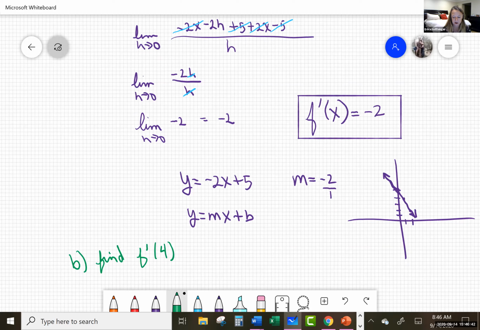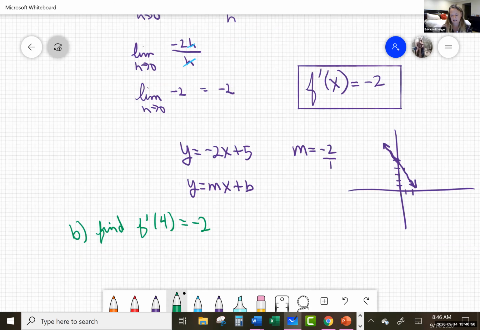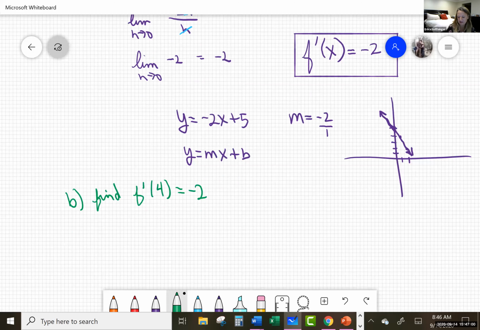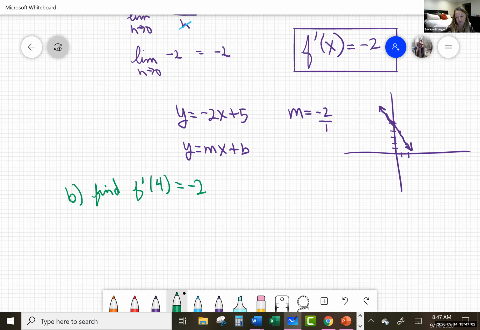So it's still just -2. The slope at any point they gave us for a line is going to be the slope of that line.